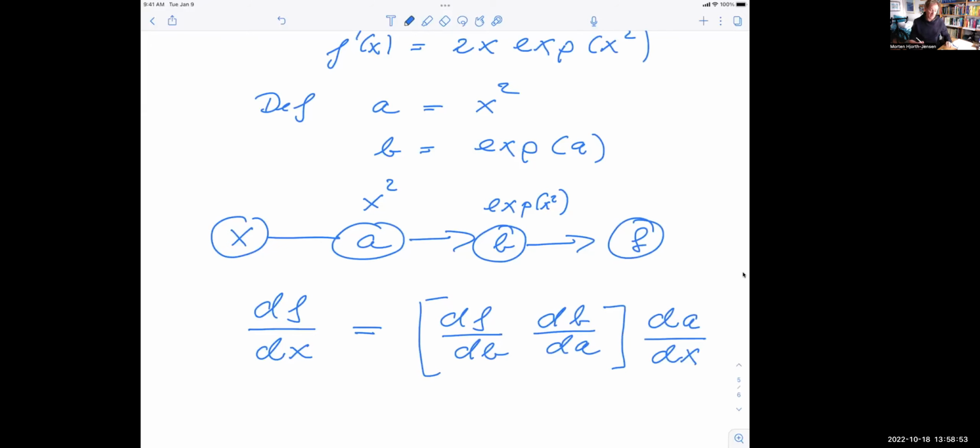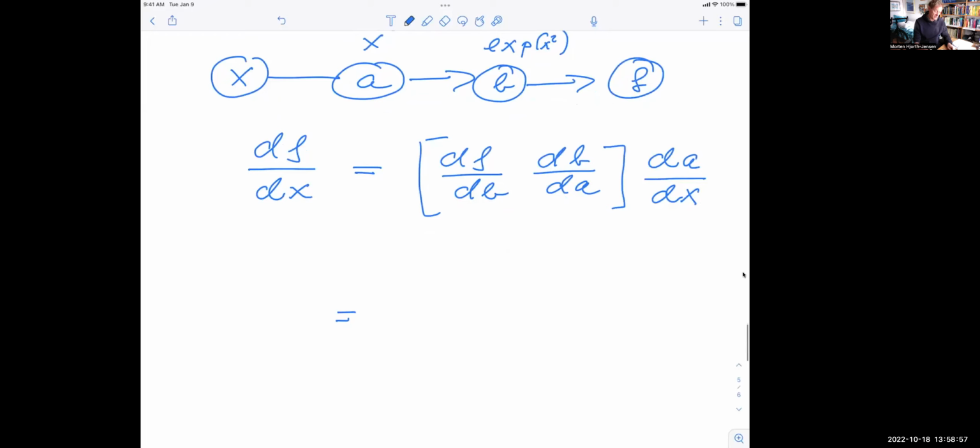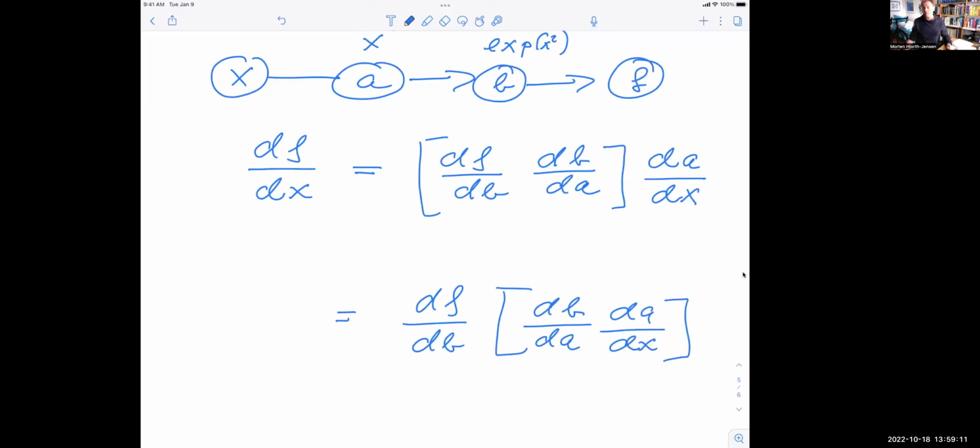So that means that I can rewrite this in terms of df/db multiplied with db/dA times dA/dx. This won't change the result. So whether we have matrices, vectors, scalars, or tensors, this is a general rule which is given by the associative rule of multiplication.